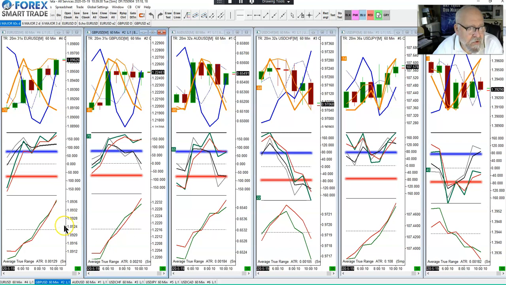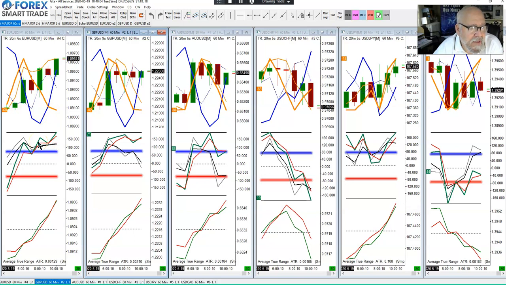On the 10-point trade, you will see we are looking for the market to be overbought or oversold. When it is overbought, in the majors and minors, I'm looking for the lines to be pointed down. Right now, the lines are pointed up.